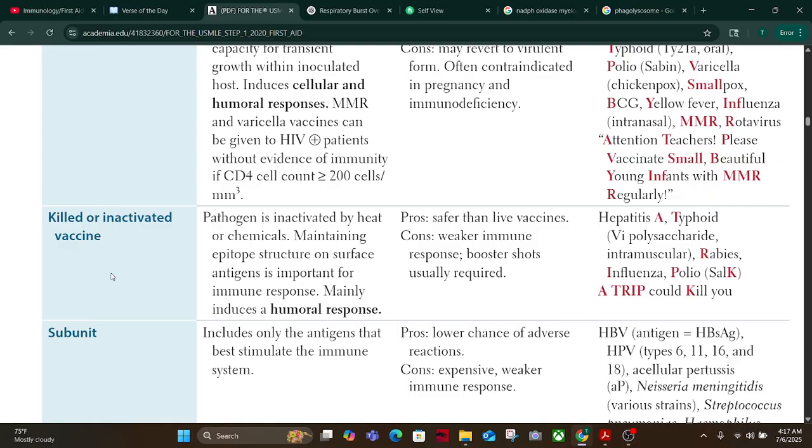Booster shots usually required. The examples of killed or inactivated vaccine would be hepatitis A, typhoid, VI polysaccharide, intramuscular, and then rabies, influenza, polio, which is the Salk vaccine. Killed or inactivated vaccine means the same thing.